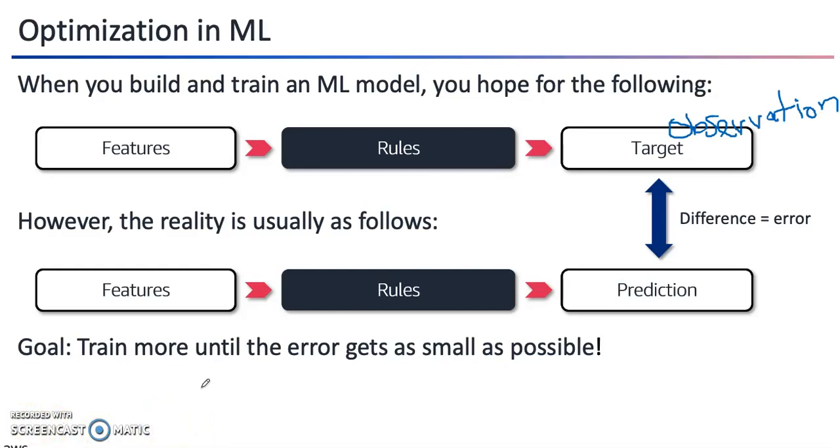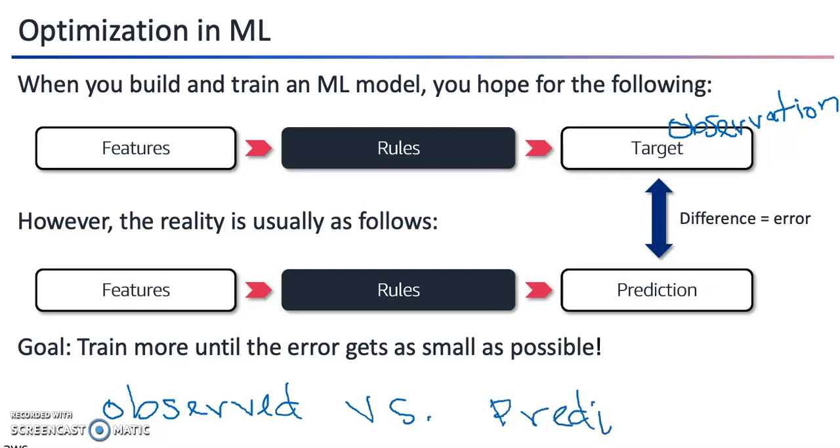So in this context, there is always going to be a comparison between what's observed versus what is predicted. And the prediction is the outcome of a model. The model is an artifact, and something comes out of the model, and that's what we call the prediction.